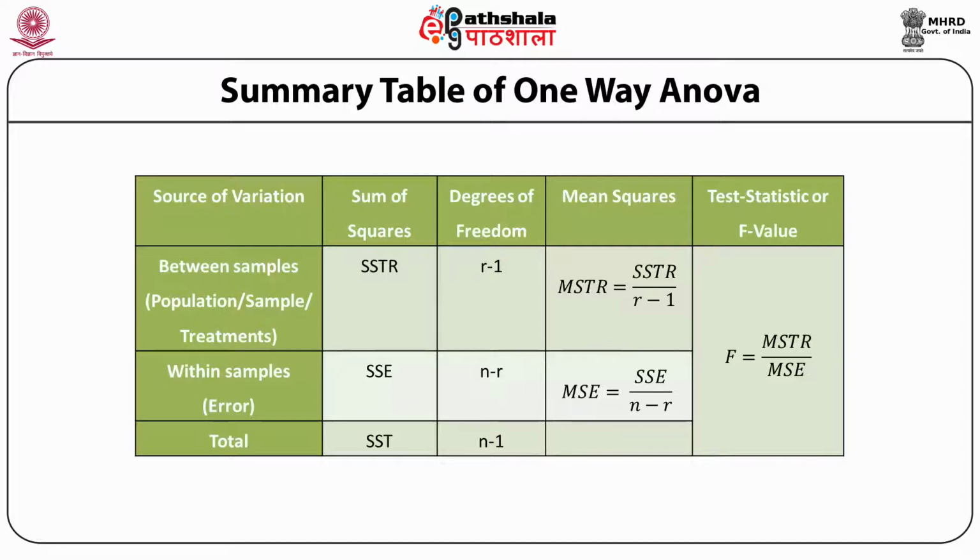This has been explained in the previous chapters also, but since this chapter is a concluding or a summary of all the previous chapters or modules related to analysis of variance, this is just a repetition of the table we have seen in the previous modules.